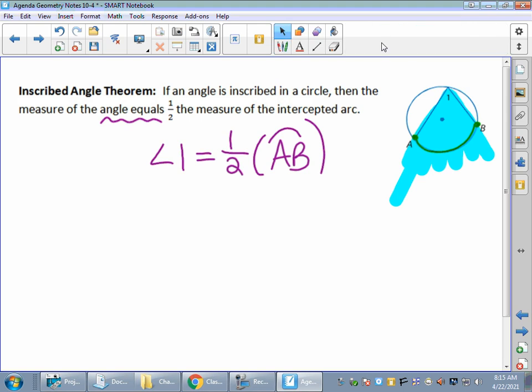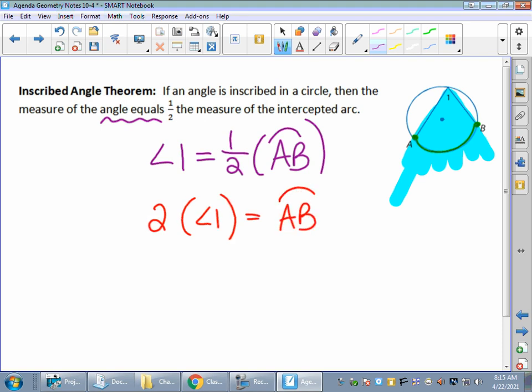It might come in handy to jot this down too. We could say 2 times angle 1 is equal to arc AB. So if this angle is equal to, say, 60 degrees, arc AB would have to be 2 times that angle, 120 degrees.